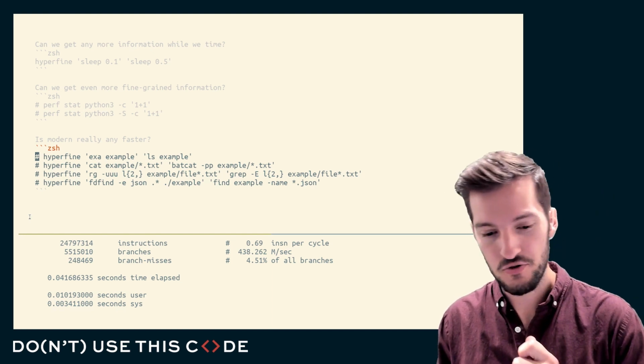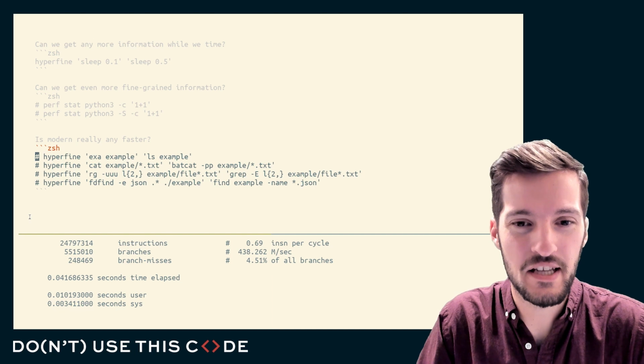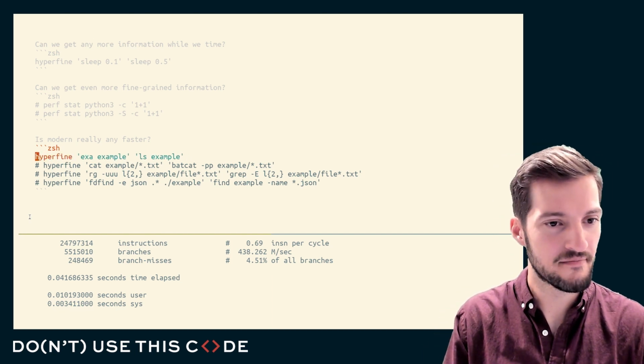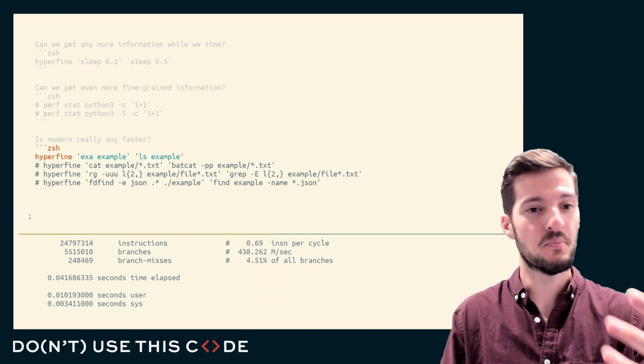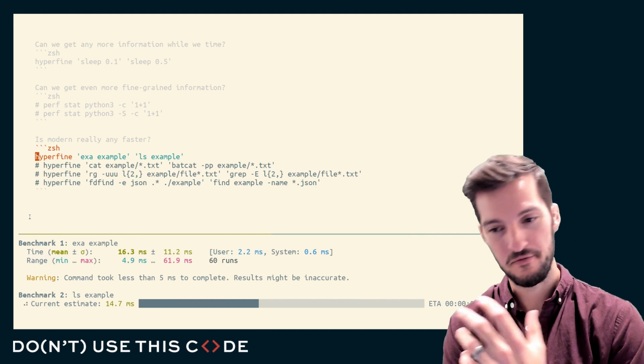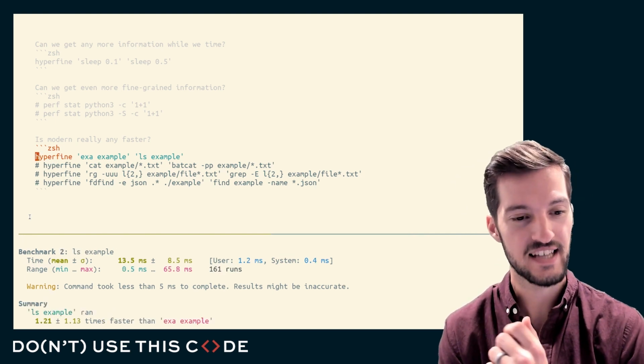Lastly, I want to address hopefully a long-standing question. Is modern really any faster? In this example, we'll be using hyperfine, a modern tool, to create benchmarks for common commands. So here we'll be comparing exa to ls.